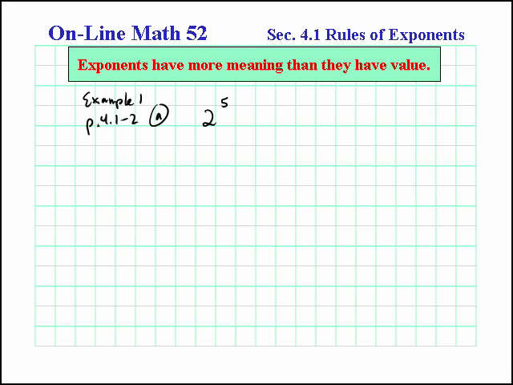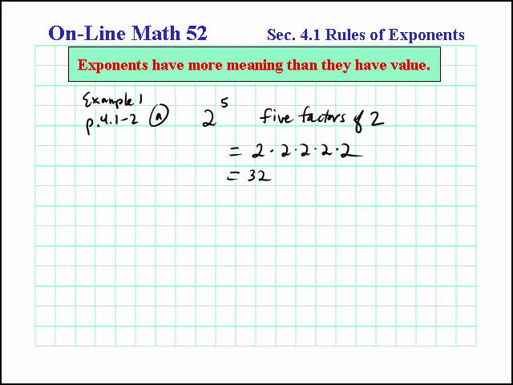And what does it mean? Just like I was saying before, it means 5 factors of 2, and that means 2 times 2 times 2 times 2 times 2. That has a value. We could multiply it out. 2 times 2 is 4, times 2 again is 8. Notice that we're doubling everything. Times 2 is 16, times 2 is 32. And so this answer is 32.